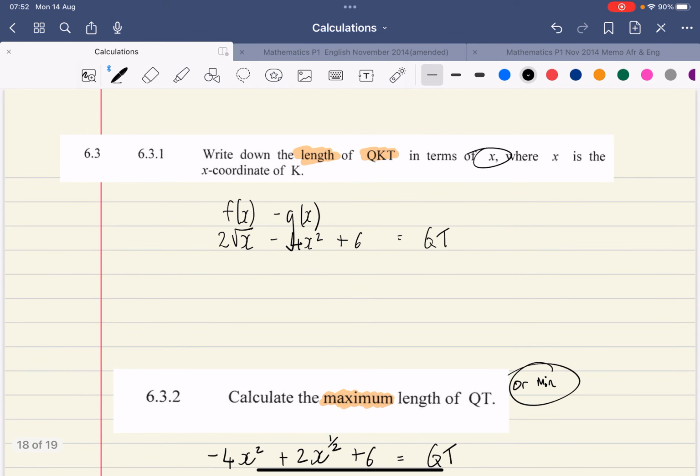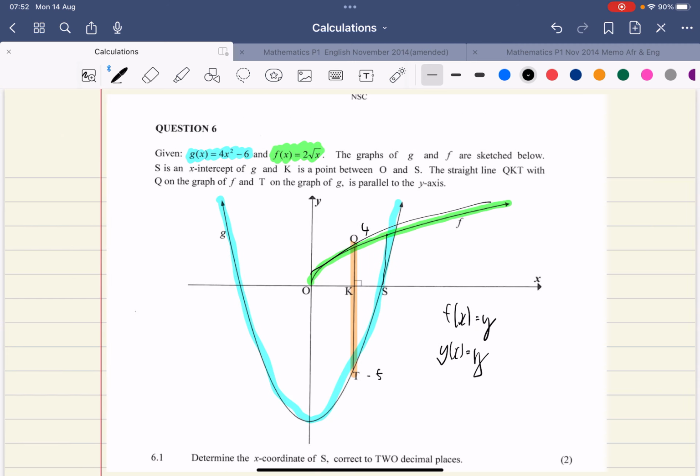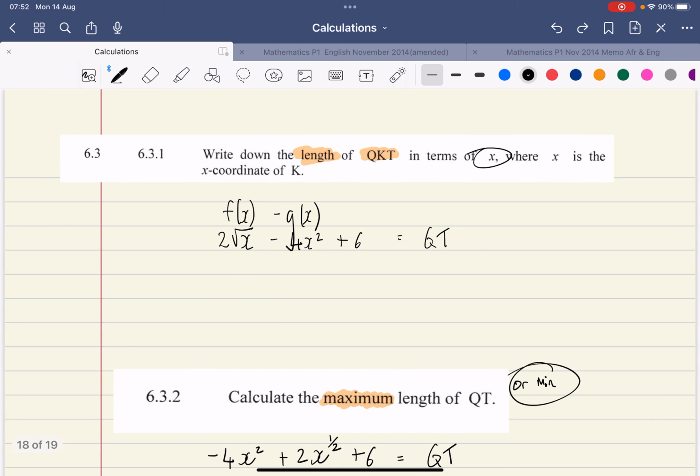You might be wondering why we subtracted the two graphs from one another to give a distance between the green and the blue. Well, a good way to think about this, if it's not easily seen, is quite intuitive if you think about it like this. If I'm at a position P and I travel a distance d to get to position Q, what is d equal to? d is equal to position Q minus position P. And there's where your minus comes from.